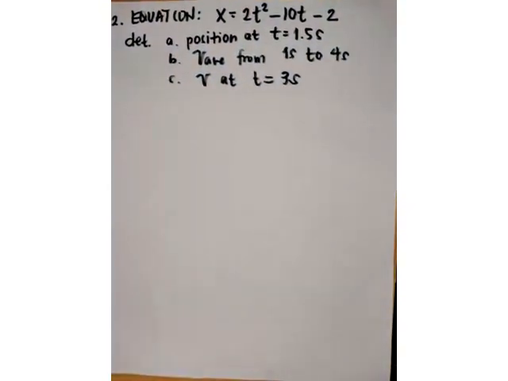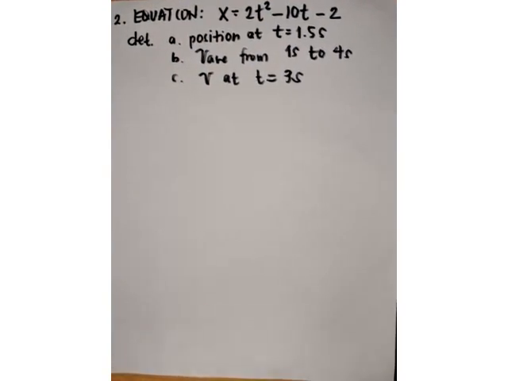Ayan. Okay. So we are given again the equation of the position of the particle at x is equal to 2t squared minus 10t minus 2. Okay, we want to find what is the position of the particle at t is equal to 1.5 seconds.